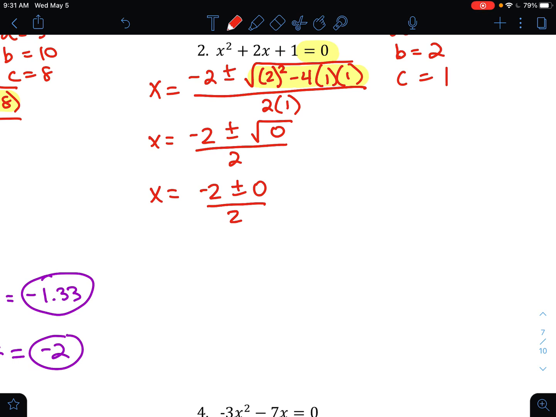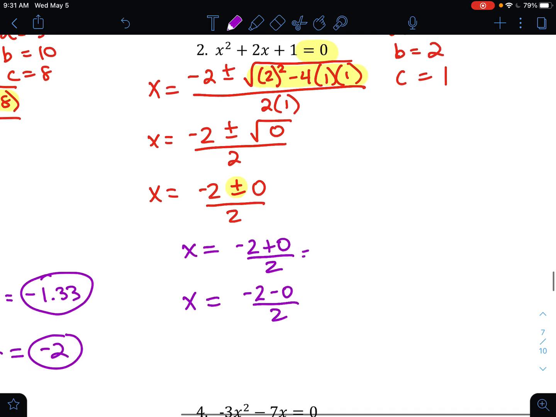Now, I can write both equations, and let me do that, but it's really not going to make a difference. So if we branch out the plus or minus now, it would read negative 2 plus 0 divided by 2. The other one would read negative 2 minus 0 divided by 2. Well, either way, I get negative 2 over 2, right?